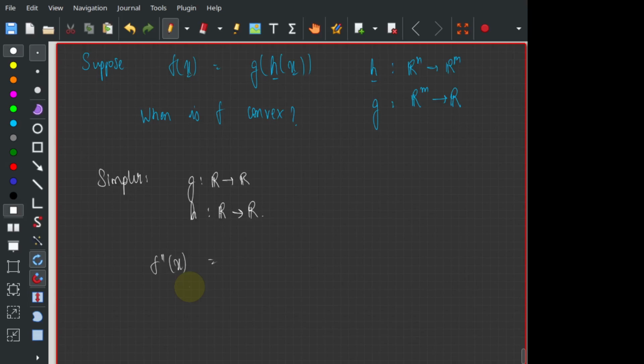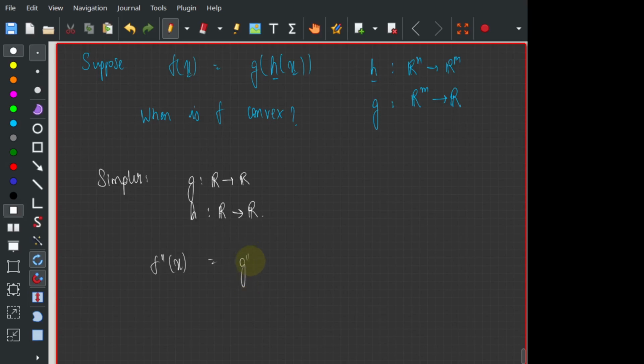For example, you could take an h which is invertible, take g equal to h inverse of x, then that's a trivial example of a convex function. Okay, what is the second derivative of f equal to?